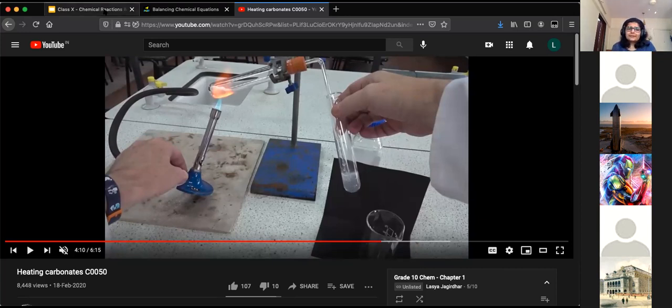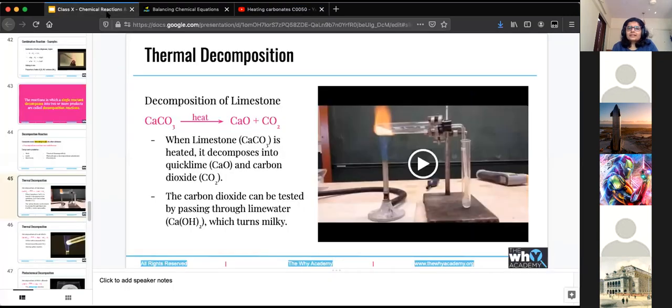Okay. So that's the reaction. When limestone is heated, it decomposes into quicklime, that's CaO, and carbon dioxide. This can be tested by passing it through lime water, that is Ca(OH)2, which turns milky. Now, what is the reason? Why does lime water turn milky when carbon dioxide is passed through it?